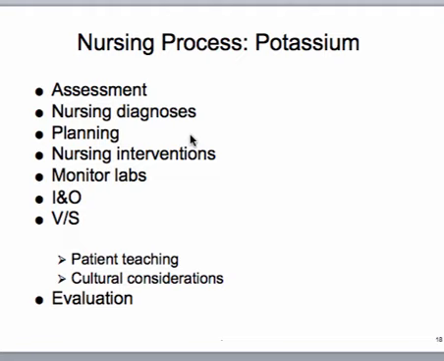We're going to be planning and talking about diet, talking about restrictions, teaching patients what foods have high potassium so that they can either take it in or restrict it, monitoring labs, encouraging the patient related to their I&O, checking vital signs, listening to heart sounds, and such.